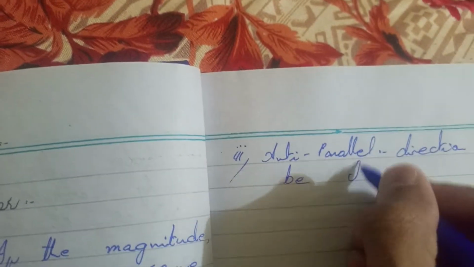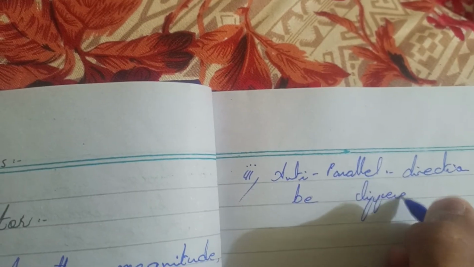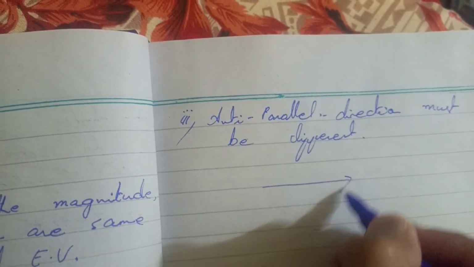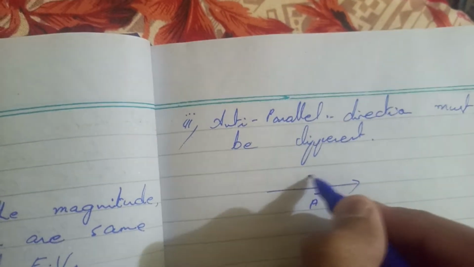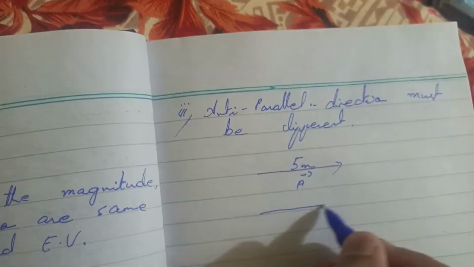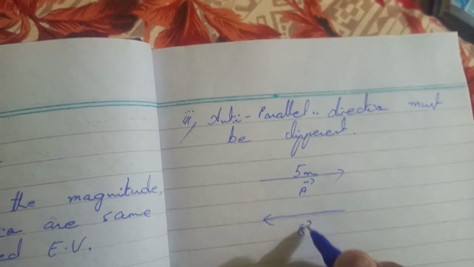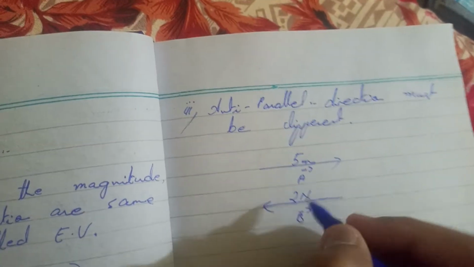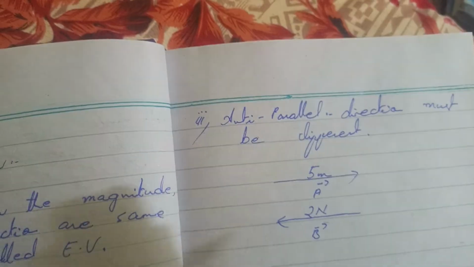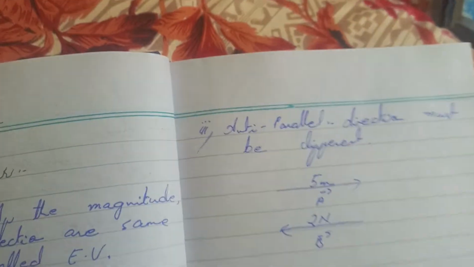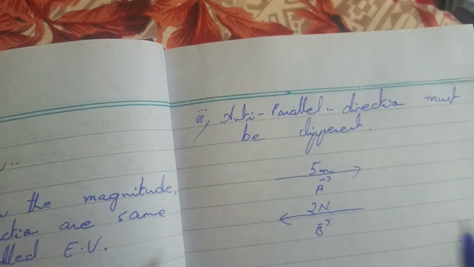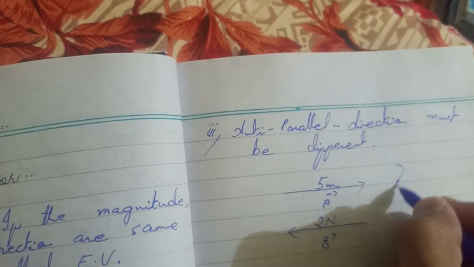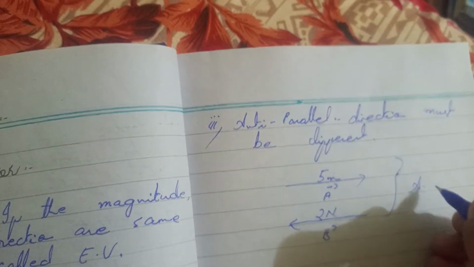For example, you have a vector A, which is 5 meter long, and you have vector B, which is, for example, 2 newton. It doesn't matter that the units and magnitude are different, but the directions are also different, so it is said to be anti-parallel vector.